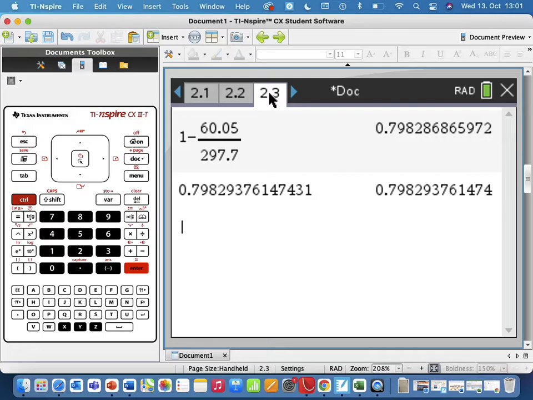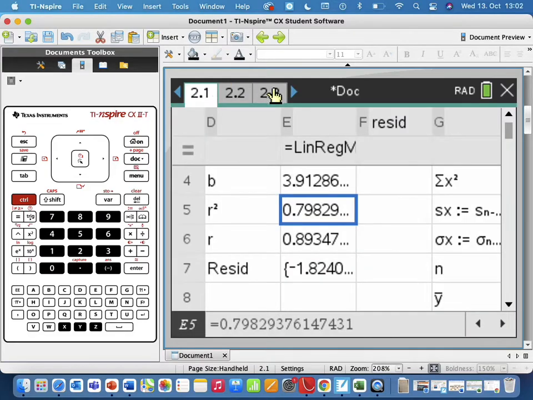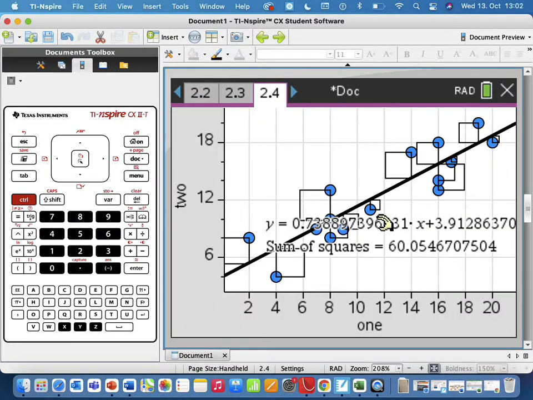Almost identical to 3, 4, 5, 6 maybe. Yeah, 0.79829. So to 5 decimal places, they're both identical. And don't forget this top one here. The 60.05 came from our picture, which is over here.